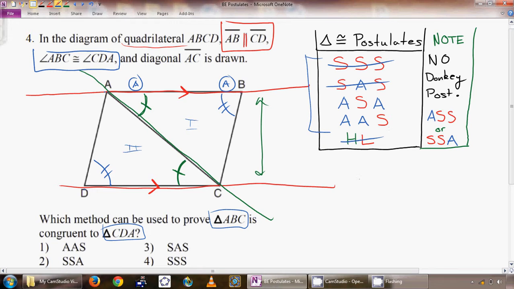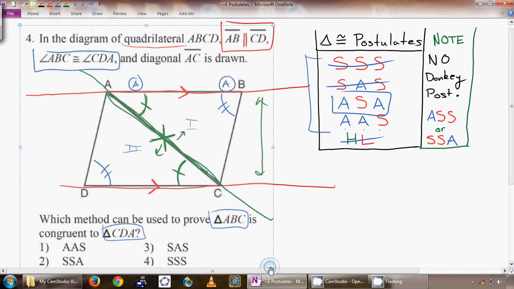And it's just a question of, is this an angle side angle, or is this an angle angle side? And hopefully you'll see that AC is a side that's in both triangles. So this side is congruent to itself by the reflexive property.